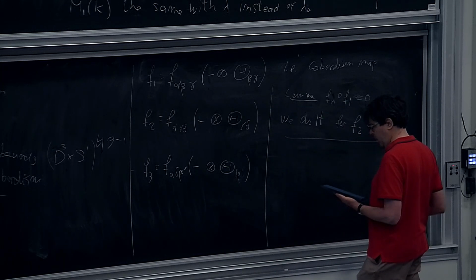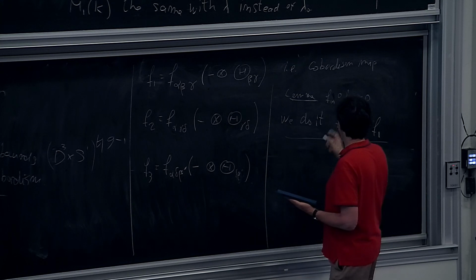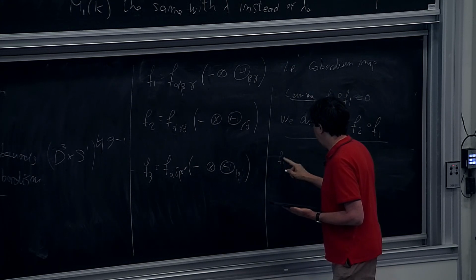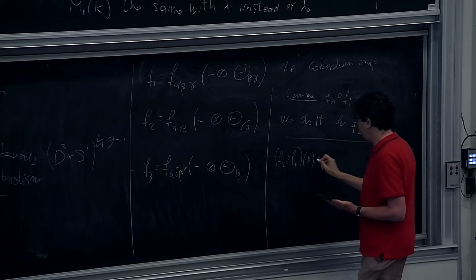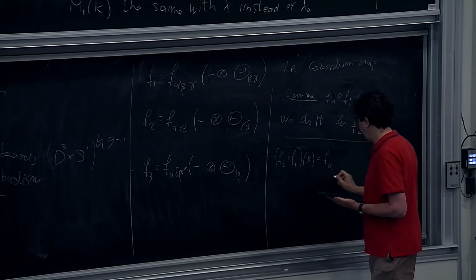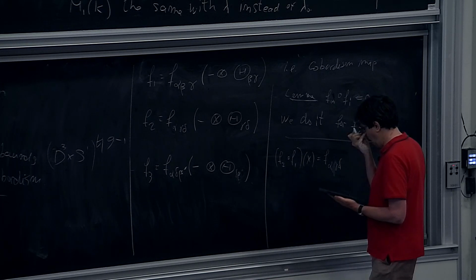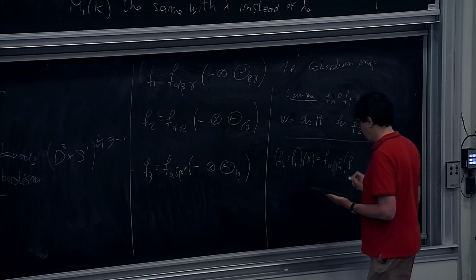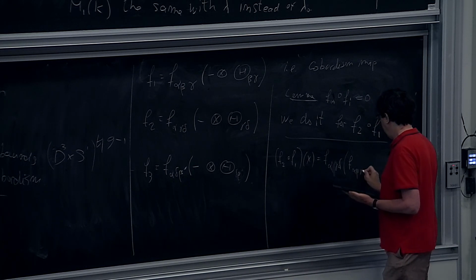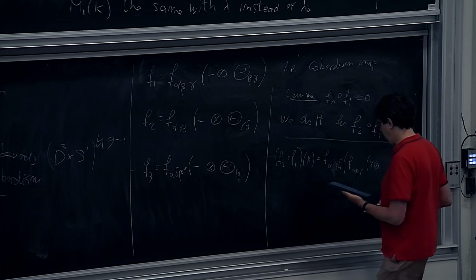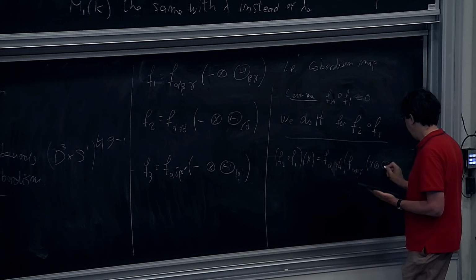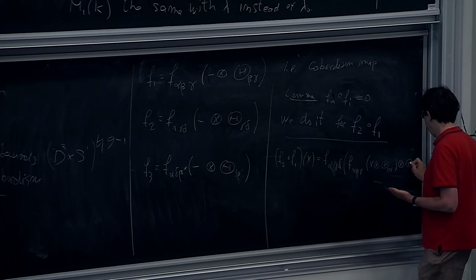Let's see what it is. F2 composed with F1 applied to some generator X is equal to F alpha beta alpha gamma delta of F alpha beta gamma X tensor theta beta gamma, itself tensor theta gamma delta.